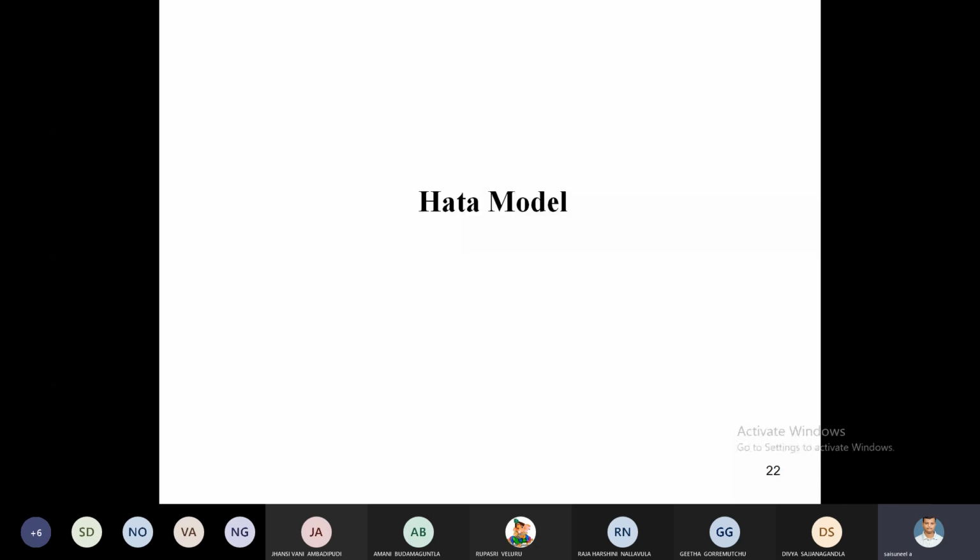The path loss L50 urban in dB is equal to 69.55 plus 26.16 log FC minus 13.82 log HTE minus AHRE plus bracket start 44.9 minus 6.55 log HTE bracket close log D.